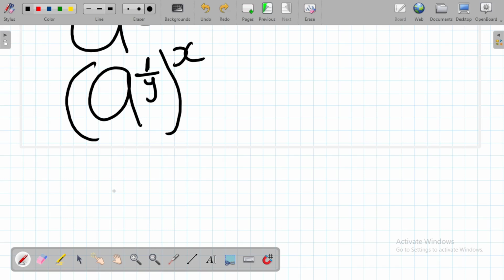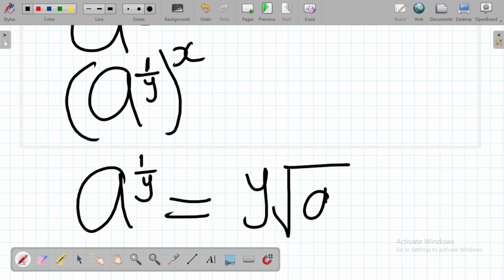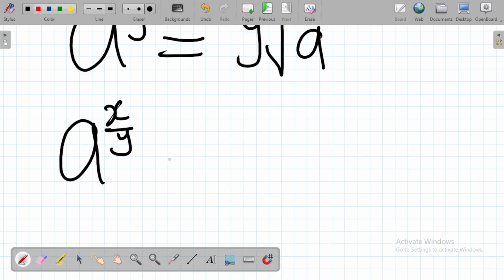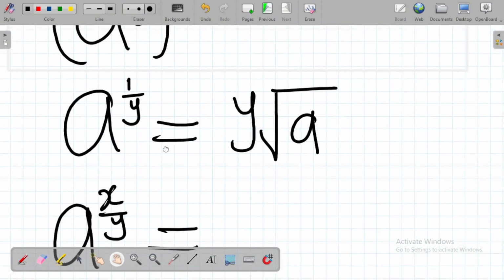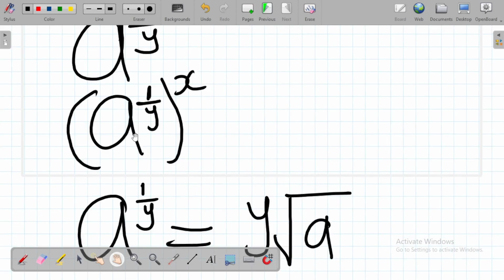Now note this, a raised to power 1 all over y is the same thing as the y-th root of a. So therefore, a raised to power x all over y is equal to, now let's substitute the y-th root of a into this.